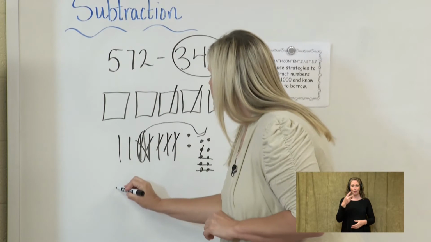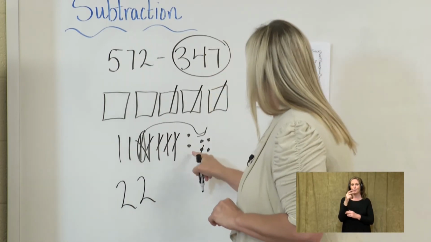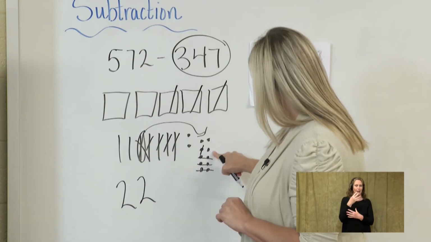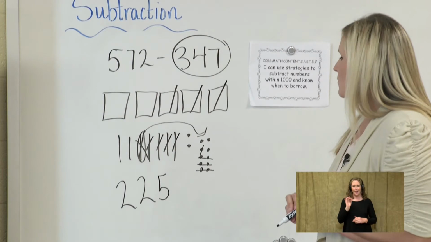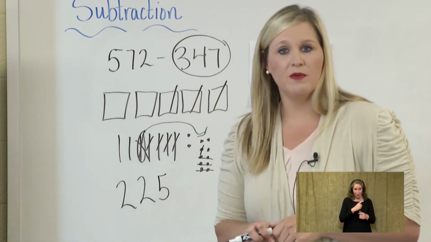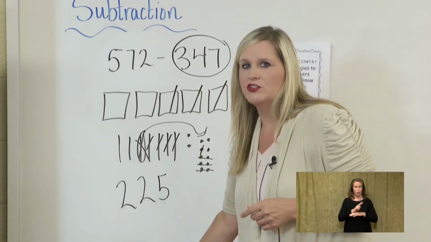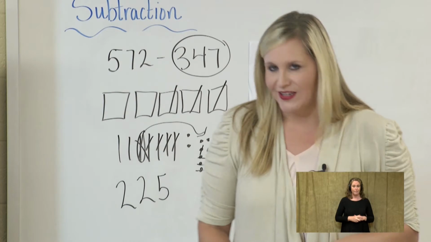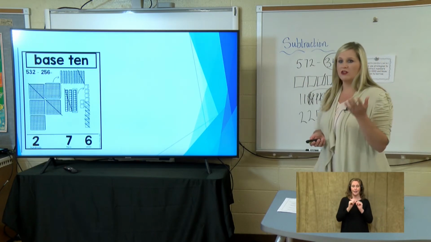We have 2 hundreds, 2 tens, and 1, 2, 3, 4, 5 ones. All right, we have 225. Is that the answer that you got when you solved this problem? Did you use the picture it strategy or did you use a different strategy? All right, good job.